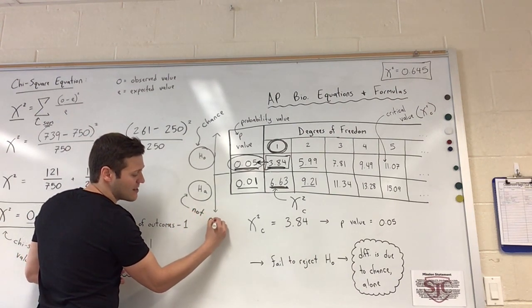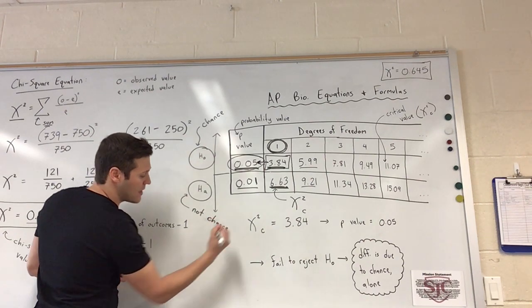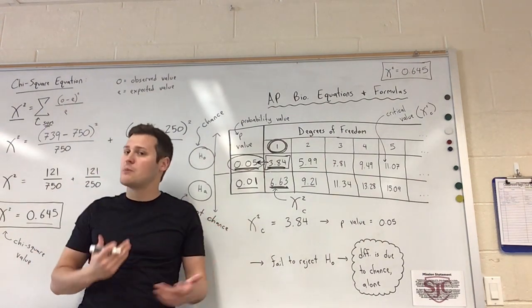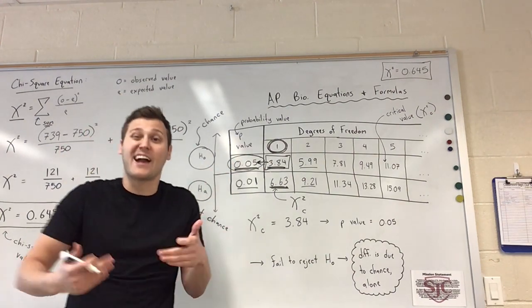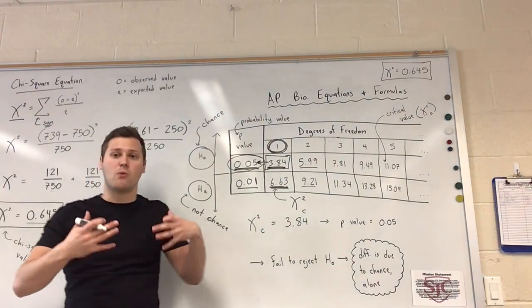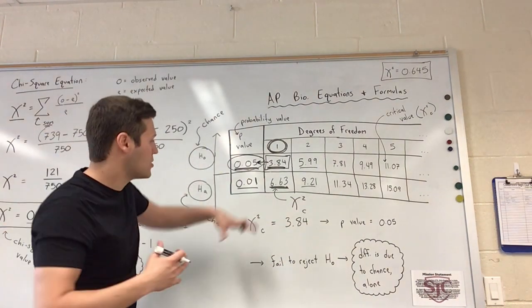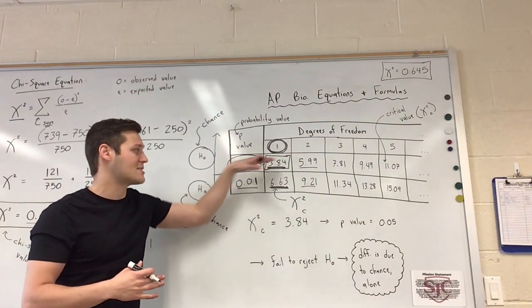The difference is not due to chance. That means that there was something else there that maybe we didn't anticipate. Maybe the 2 organisms that we crossed weren't actually heterozygous, but that's basically what we would have done if we got a chi-square value closer to this than this.